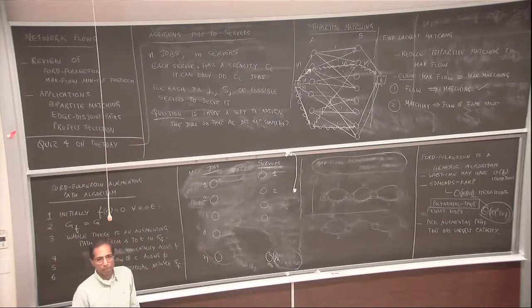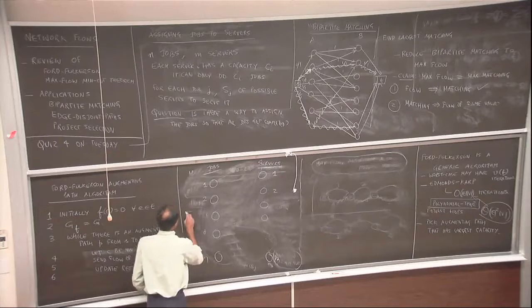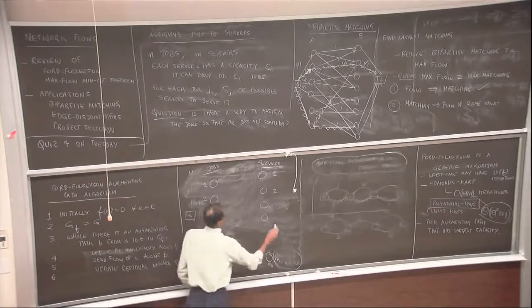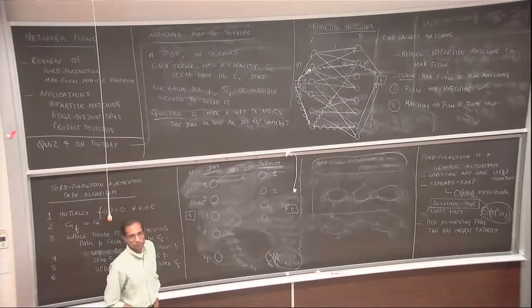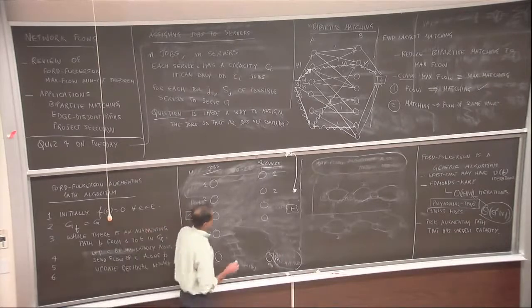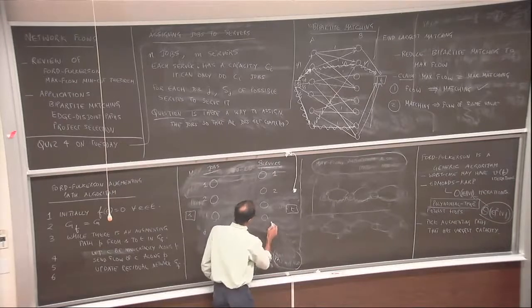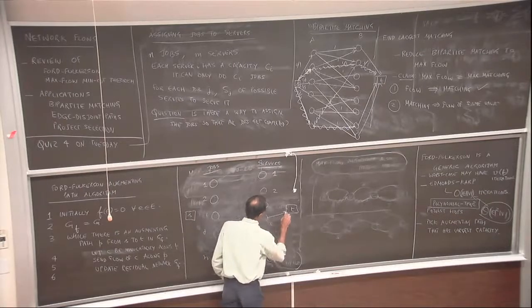Yeah, so we put the source and the sink. You put a source here and the sink here. From the servers to the sink will be the capacity. Each server to the sink, so let's say this is the server i to the sink.